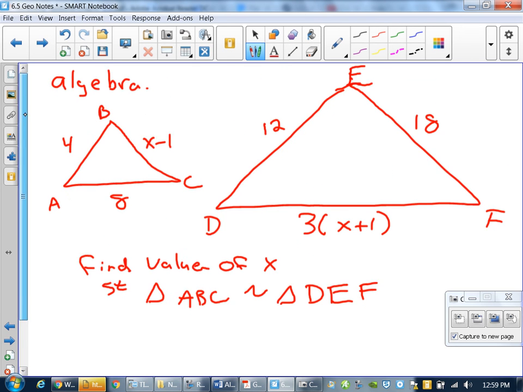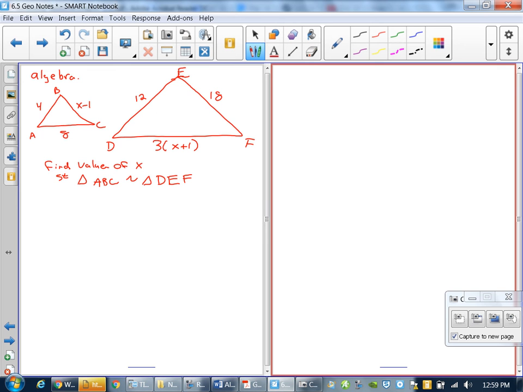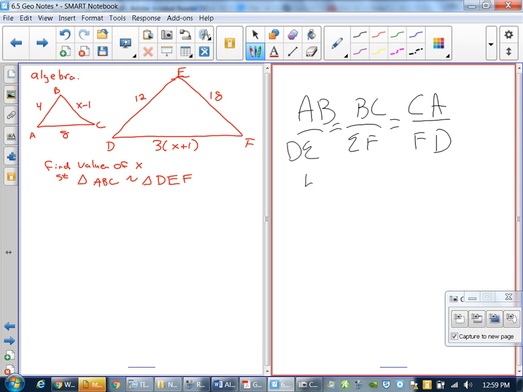So again, what you wind up doing here is you get a problem that looks like that. All you're doing is you're going to write out your statement. You write out your statement, and then you fill in the blanks with what you know via the diagram. 4, 12.